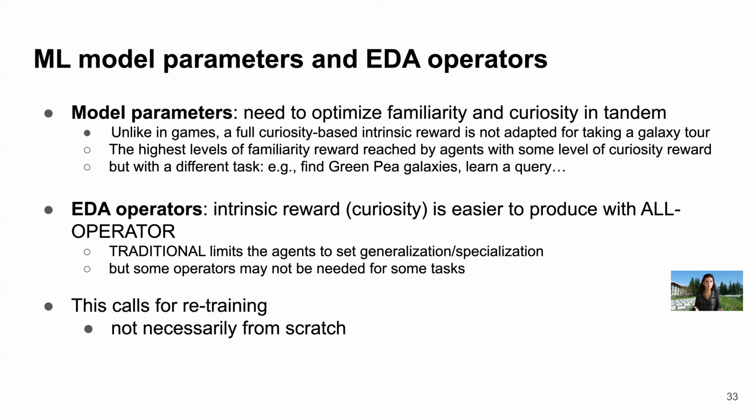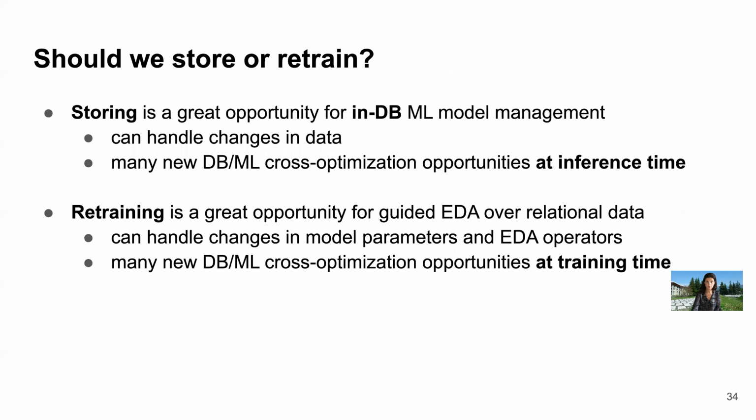So naturally, this calls for retraining, because at inference time, we will have a certain specific goal in mind, a certain task in mind, and potentially also access to a backend or a library of operators that may be different. But the key thing is that this retraining does not necessarily need to happen from scratch.